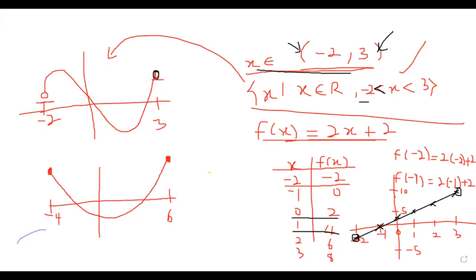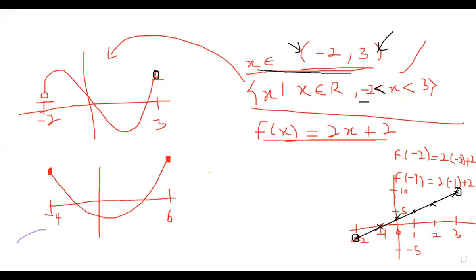Let me write that one. We wrote it earlier on. If we were writing this one, because it starts from -4 to 6 and it's also shaded, it will be square brackets, which means that it is closed. So this bracket will tell you that you have to shade it.